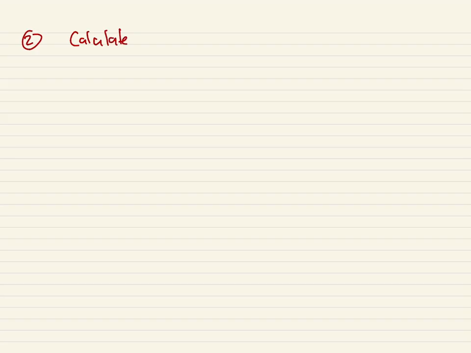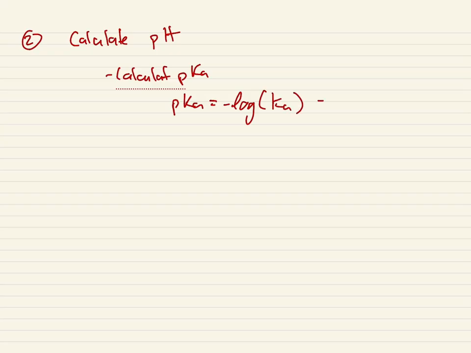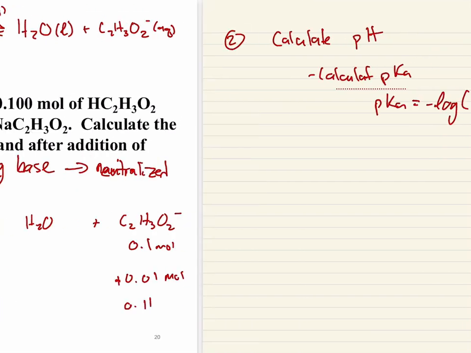calculate the pH, which is the first thing we have to do is calculate the pKa. And the pKa is equal to what? Minus the logarithm of what? Ka, which is minus the logarithm of 1.8 times 10 to the minus 5.